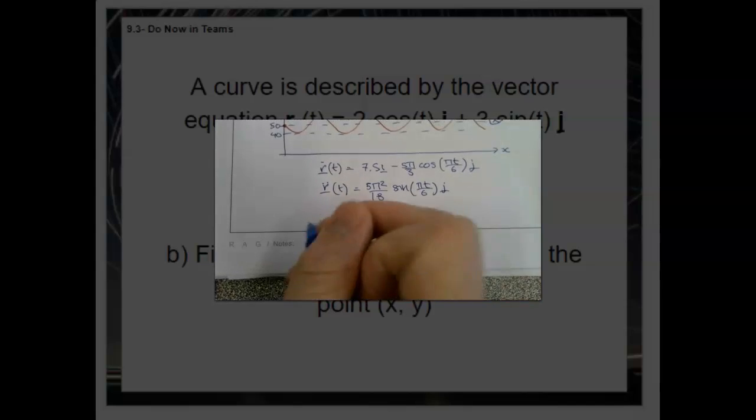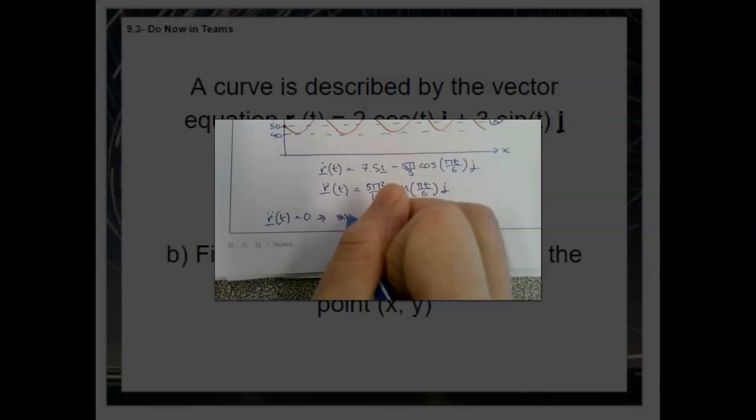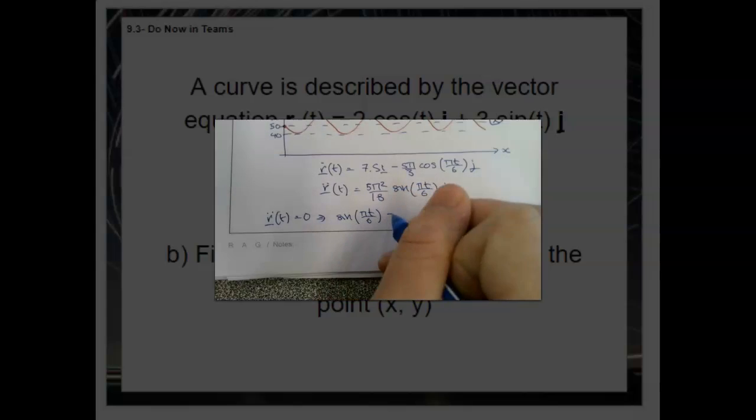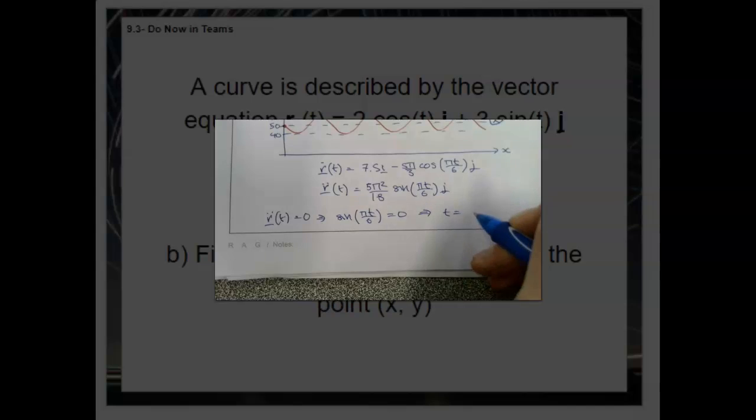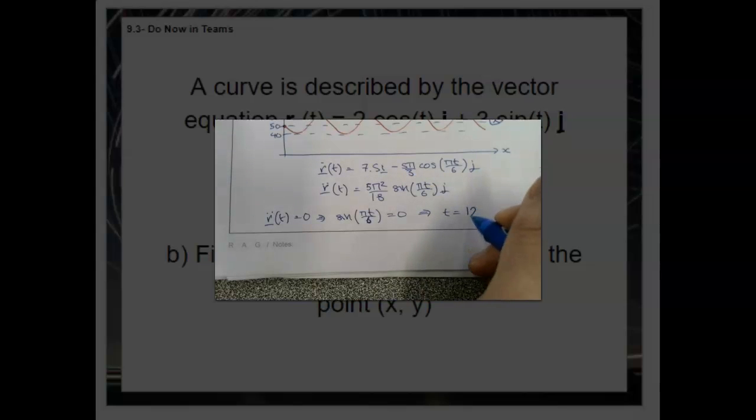But the question just says, well, when is it 0? And if it is 0, then sine pi t over 6 must be equal to 0, which tells me that pi t over 6 must be a multiple of pi, which means t has to be a multiple of 6. So 6k, for instance, where k is a natural number, 0, 1, 2, 3, 4, etc. Sorry, that doesn't include 0, that's bad of me.